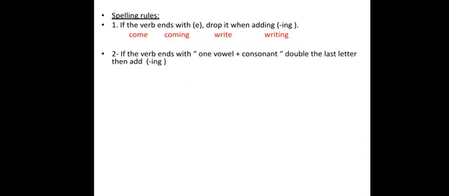The second note, if the verb ends with one vowel, but pay attention, only one vowel plus a consonant, double the last letter and then add ing.